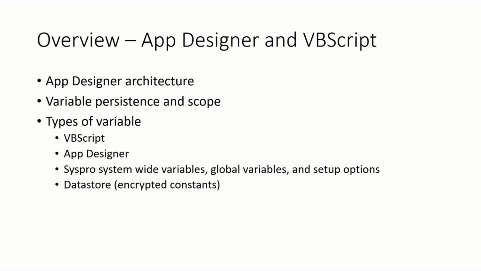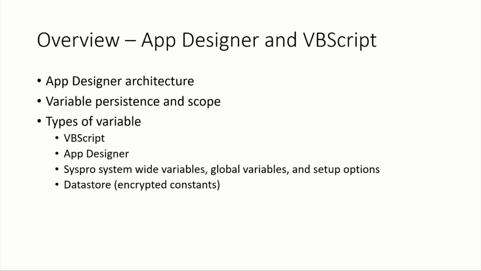So if you press another button and you rely on any data set within your first run of the VBScript, it won't be there, because it launches a brand new VBScript runtime on a different thread and starts all over again. So there needs to be a mechanism within App Designer to let the VBScript set variables which can be accessed at later runtimes, which we'll be looking at in a short while.